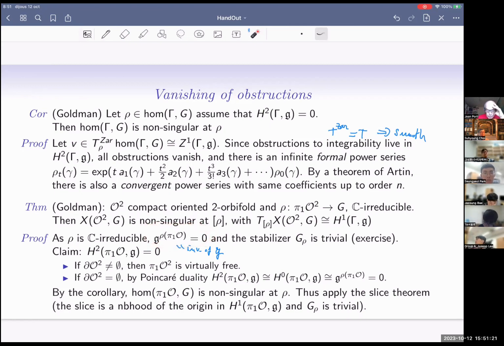That's not difficult to prove because you have an invariant here, you have an invariant here, and so on. And the stabilizer of the orbit by conjugation is trivial.